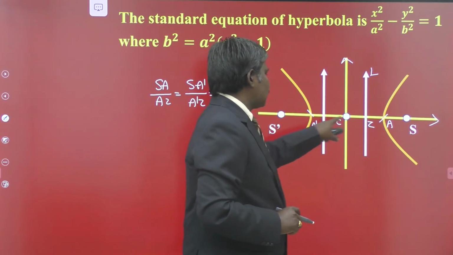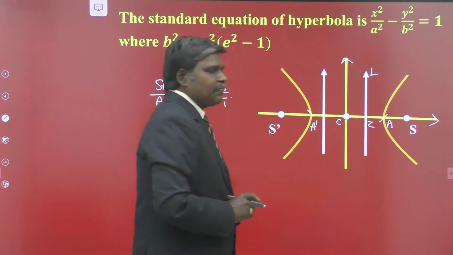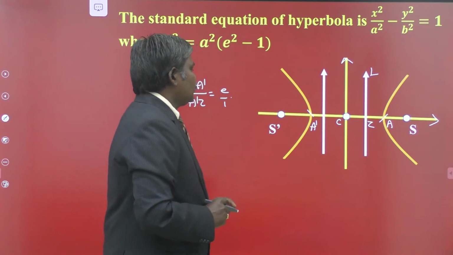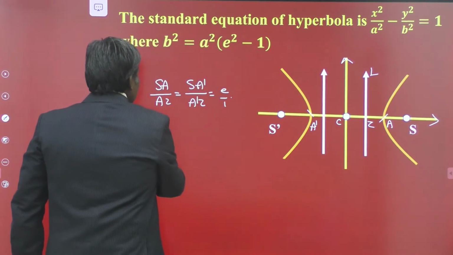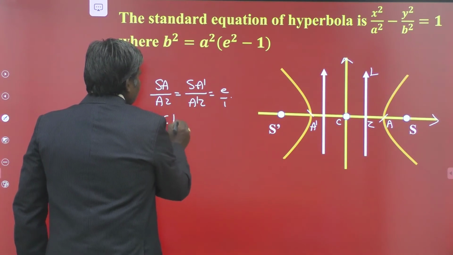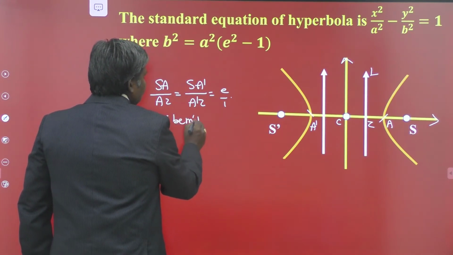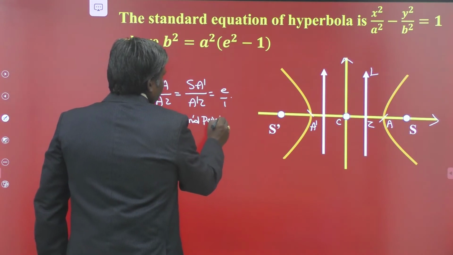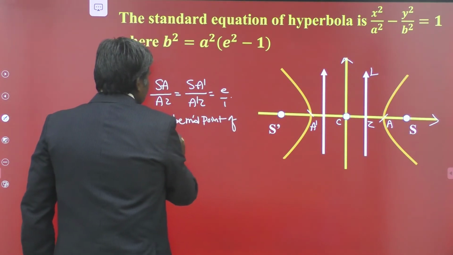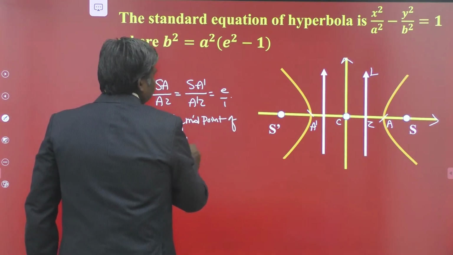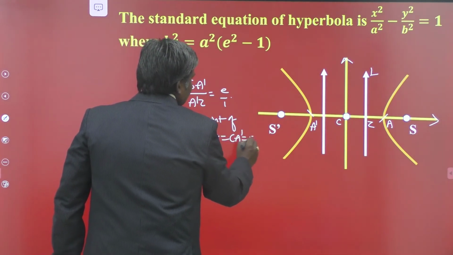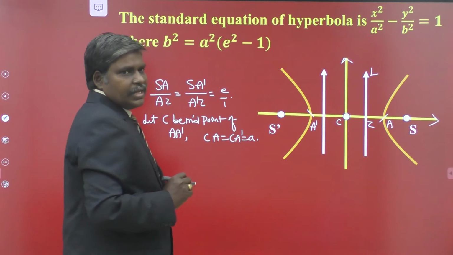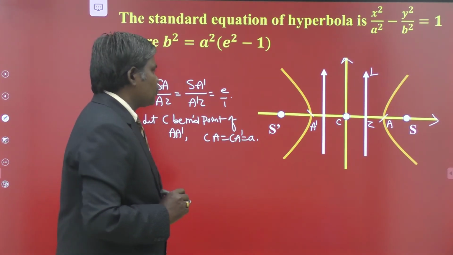From the construction, A and A dash lie on your hyperbola. Now let C be the midpoint of A A dash such that CA is equal to CA dash is equal to small a.